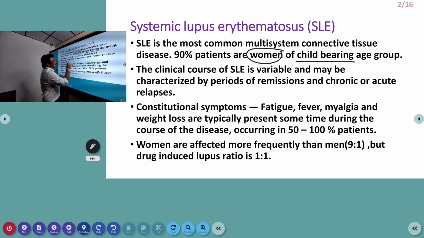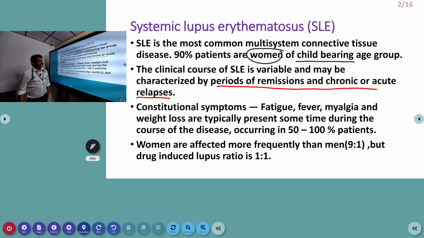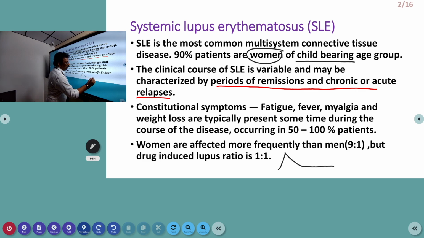So these patients can have periods of remission and chronic and acute exacerbation. That is another important feature. For many years, the patient will have an acute problem, then it will come down. For many years, it will be static. On treatment, it will be static. Suddenly, the patient has relapses like this. So that can be acute on chronic SLE.